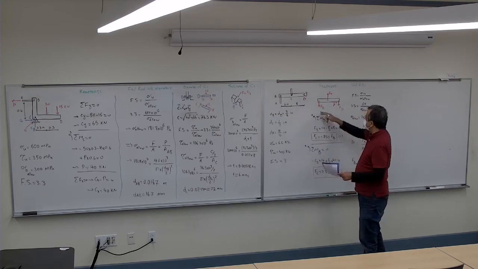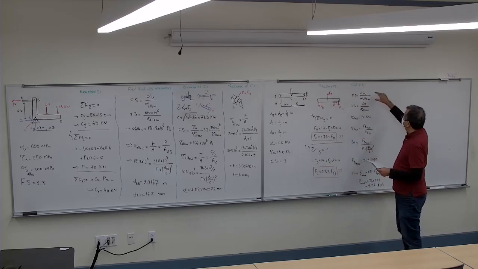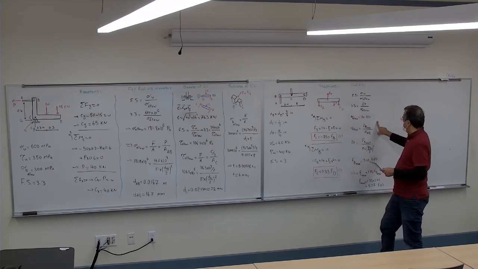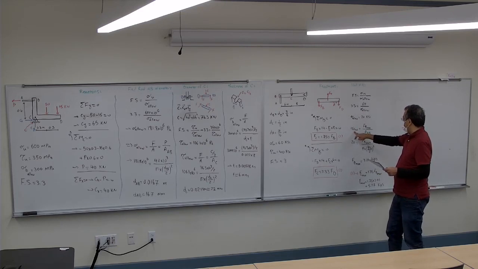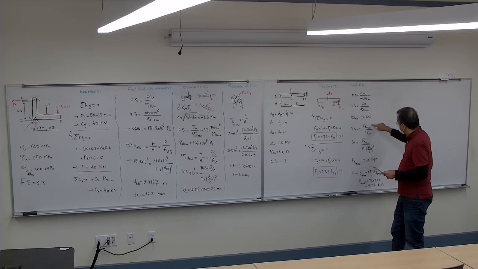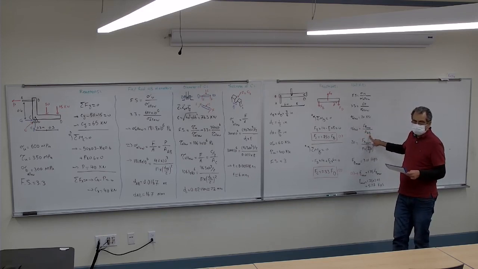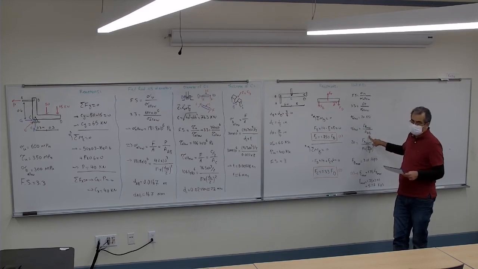So if it's breaking the AB, and I want the safety factor of 3.3, I find the allowable stress. With my allowable stress and the area, I can find how much force I can put on B before the AB breaks.